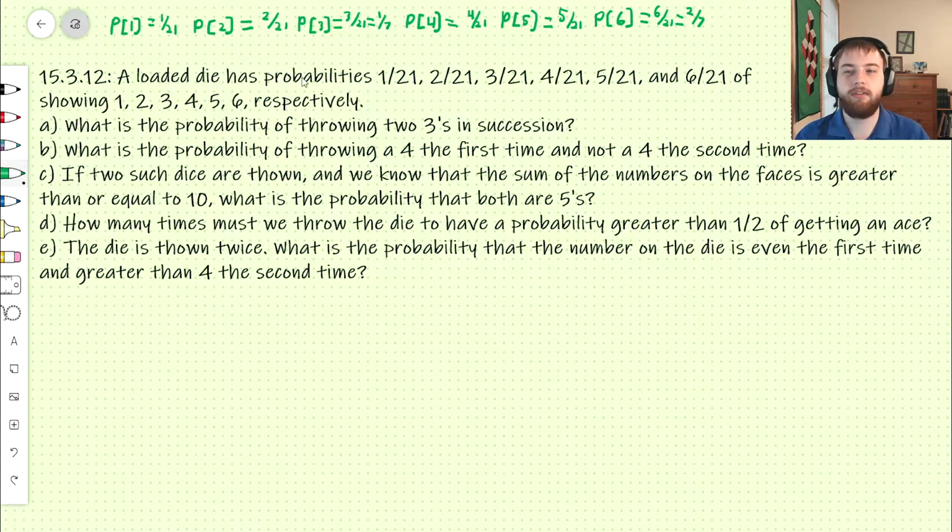This looks like a difficult problem just because it's a lot longer, or it has very many more words than most of the problems that we do here. But a problem that has more words is likely to be more practically applicable than a problem that has very few words.